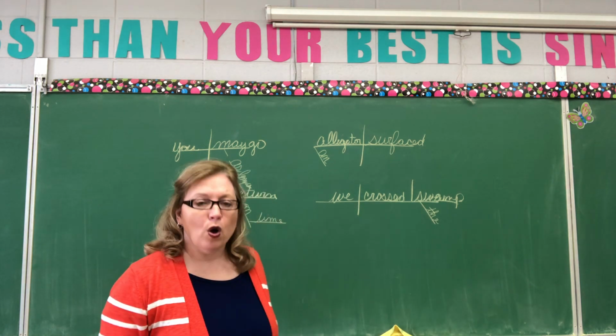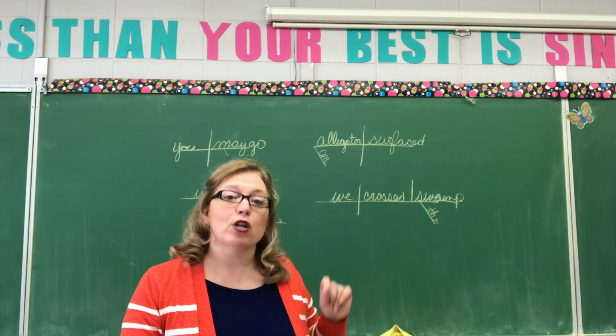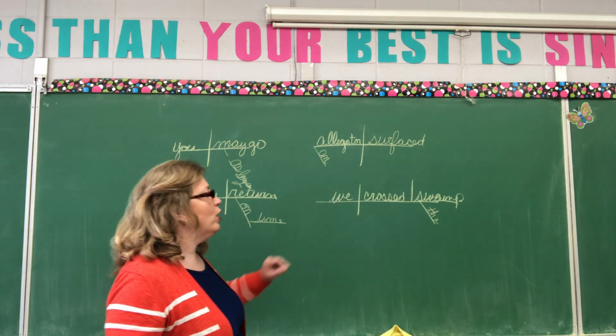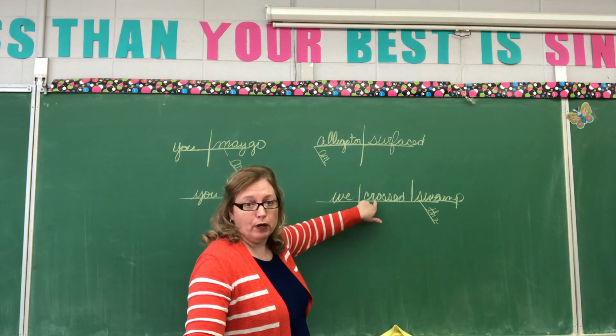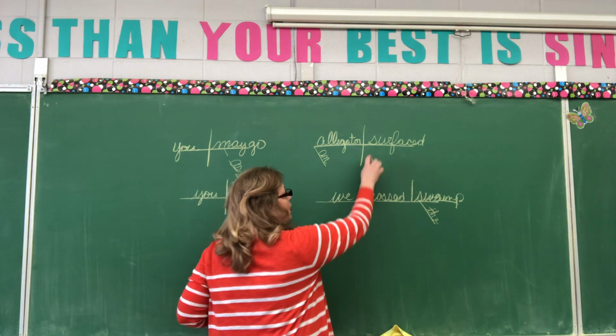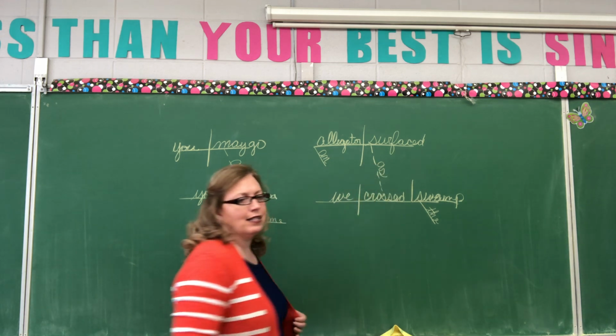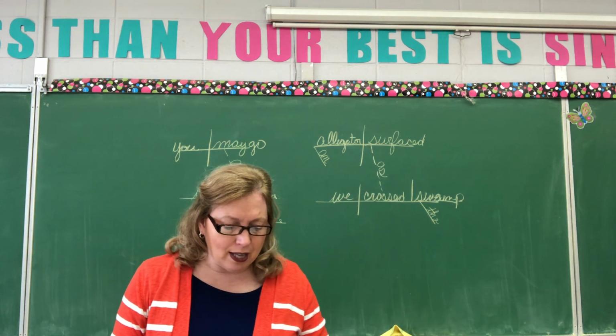Now, we have one word left, and that is the word as. As is our subordinating conjunction. We know we're going to go from the verb, but where are we going to go up here? We're going to go to the other verb, and we'll write the word as.